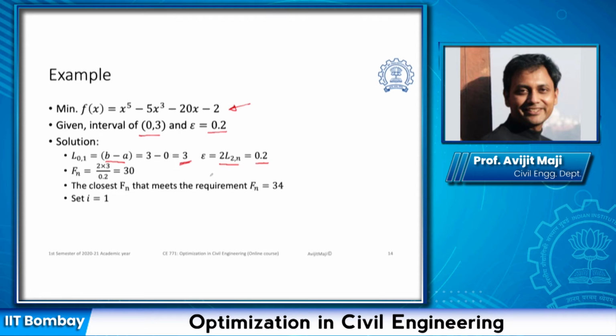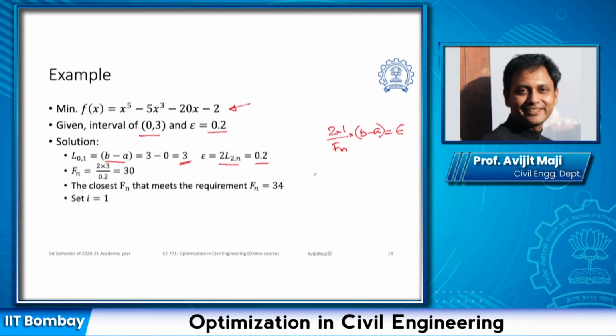Now if we want to find out the expected Fibonacci number, we can use the formula where we said 2 times 1 by Fn into b minus a is equal to the accuracy level.